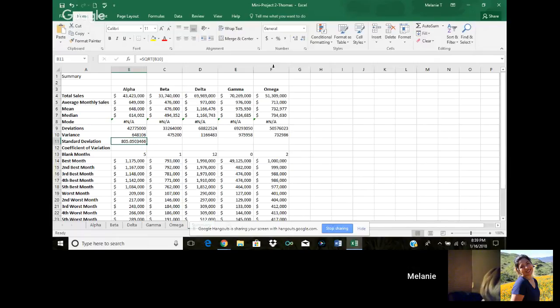I put for standard deviation the formula STDEV.S and then the number. Oh, see, that's not working. Was there something else after the number? I didn't write that down in my notes. I don't remember.